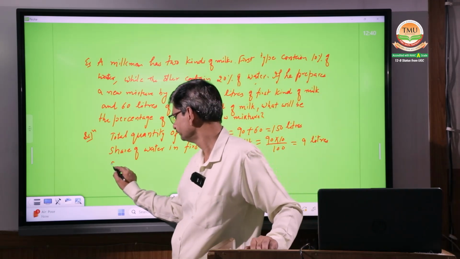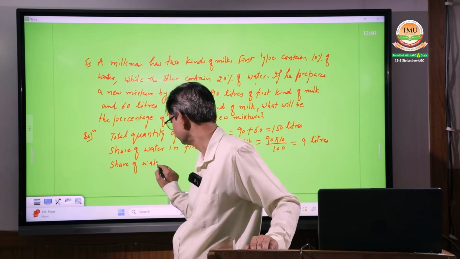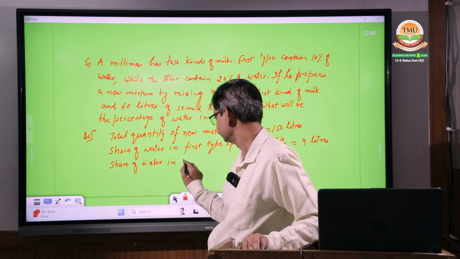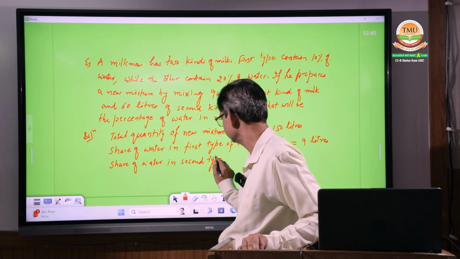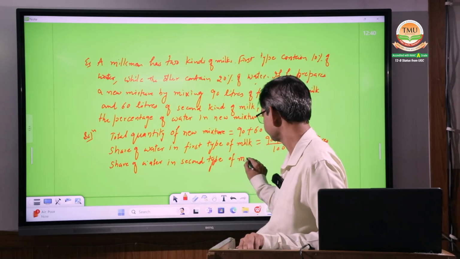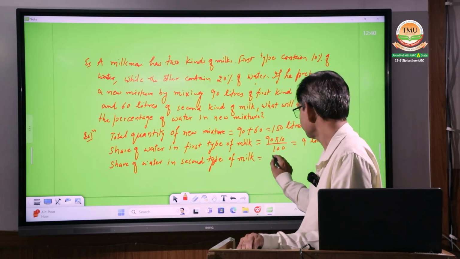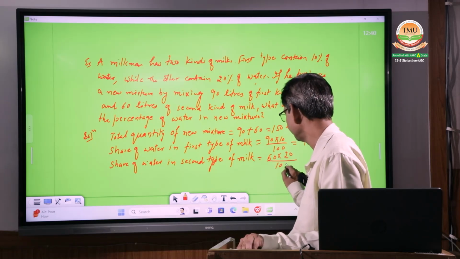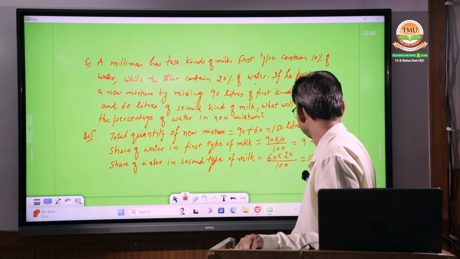Share of water in second type of milk, that is 60 into 20 upon 100, which will be 12 liters.